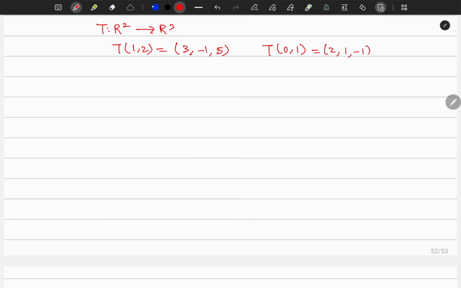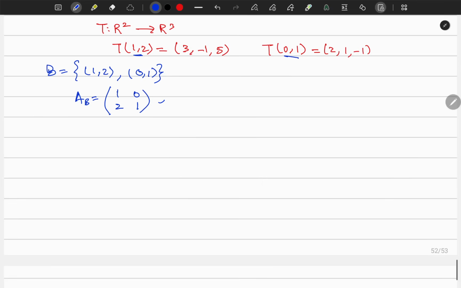What will you do? Check whether this is a basis or not. So write B as the set of vectors (1 comma 2) and (0 comma 1). To check the basis, make a matrix A, which is 1 2 0 1.